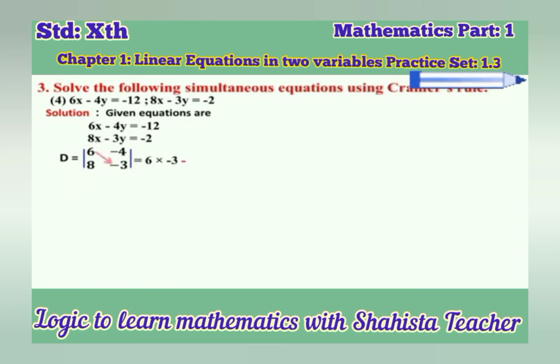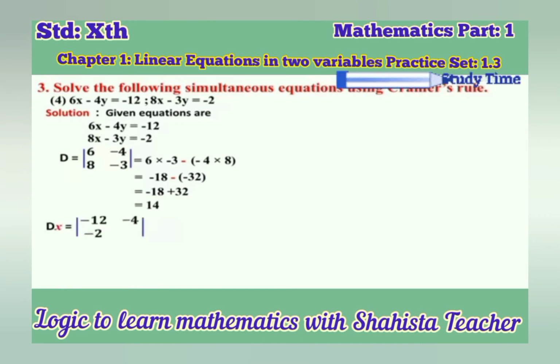So 6 multiplied by minus 3 and minus 4 multiplied by 8, cross multiplication. 6 3s are 18, minus 18, give here minus sign, make a bracket, 4 8s are 32. So minus 18 plus 32. So 32 minus 18 is 14. So d is 14.